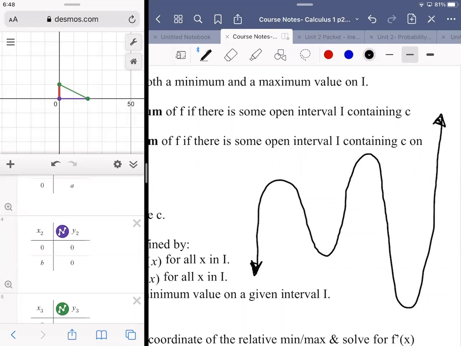All right. So here's some arbitrary function that we call f of x. Along the way on this f of x, we have little peaks and valleys. Those little peaks and valleys each have high points and low points.